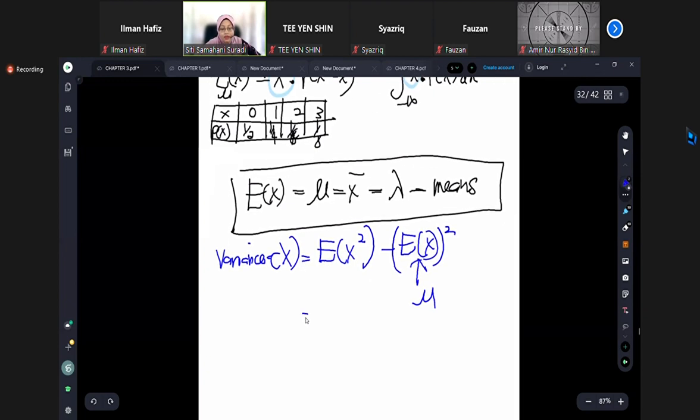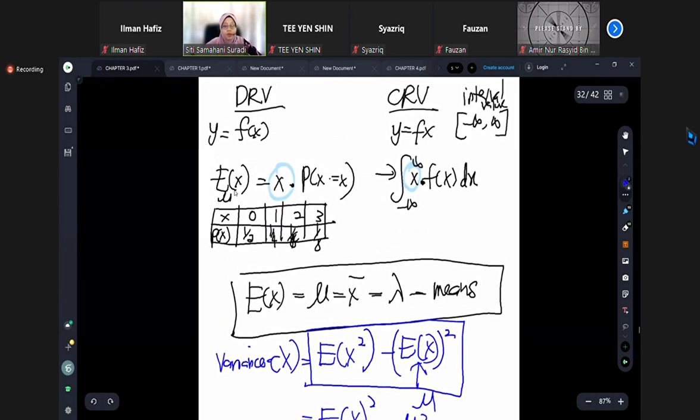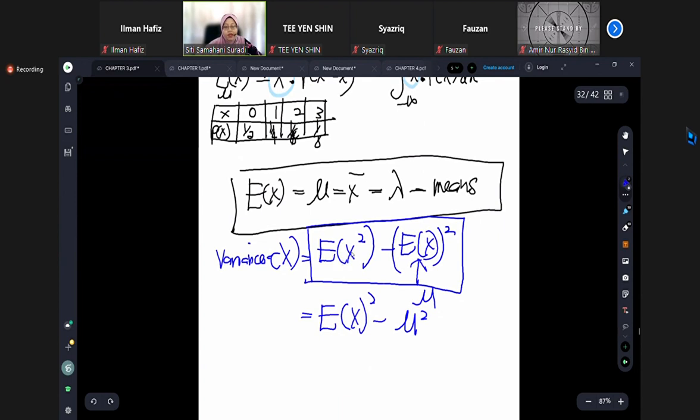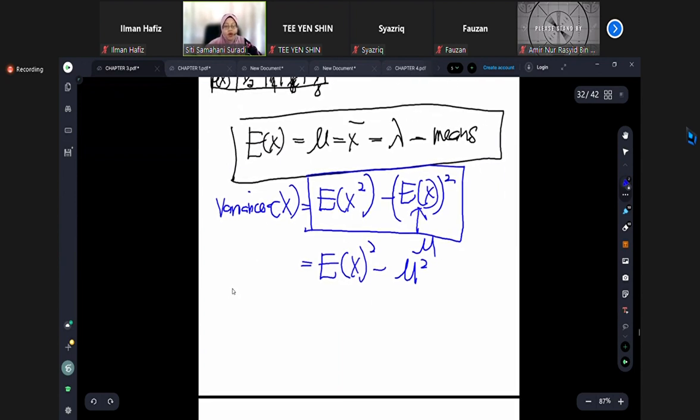So to make it easy, actually it is like this: E(X power of 2) minus mu power of 2. Mu is the mean. So look at it carefully. Now you have E(X). Basically, you need to find E(X) first in your question. Then you get E(X), but you don't have X power of 2. Therefore, you need to multiply X with f(x).